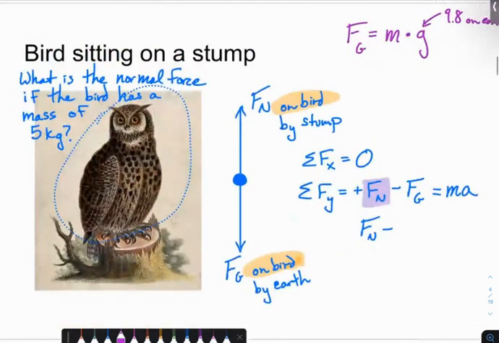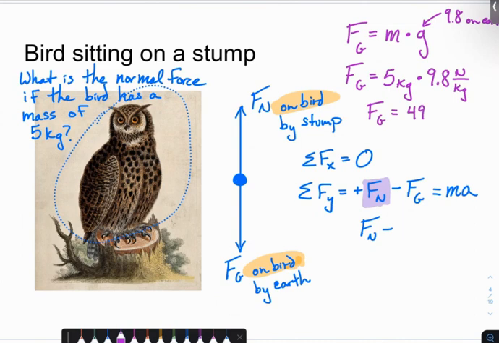So that means that my gravitational force then is going to be equal to the mass of the bird, which is 5 kilograms, times 9.8, because that's g. The units are newtons per kilogram. So my gravitational force of this bird then is 49 newtons.